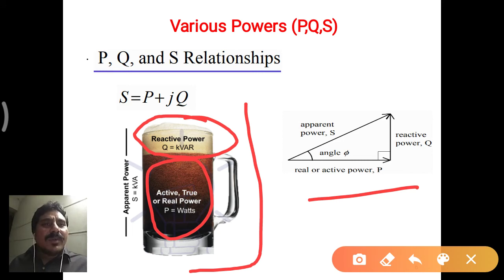So to make sense of the active content, we have to add the reactive part. That means to activate the operation of any element, reactive power is required. The sum of this Q and the active power is nothing but apparent power. In that way, we understand the importance of reactive power in the circuit.